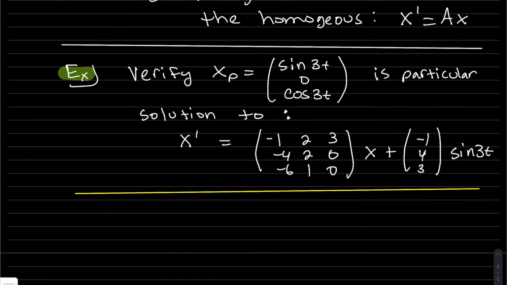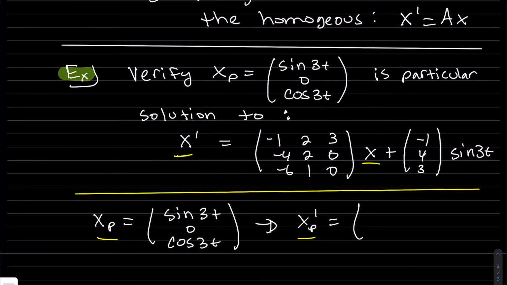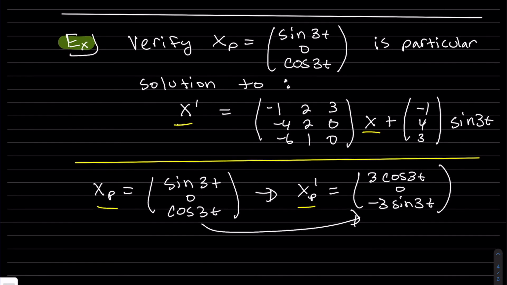So again, here's my xp. We're going to find xp prime and then plug it in there to our DE here and here. So we take the derivative of each one. Pretty simple derivative. And now we plug it in.